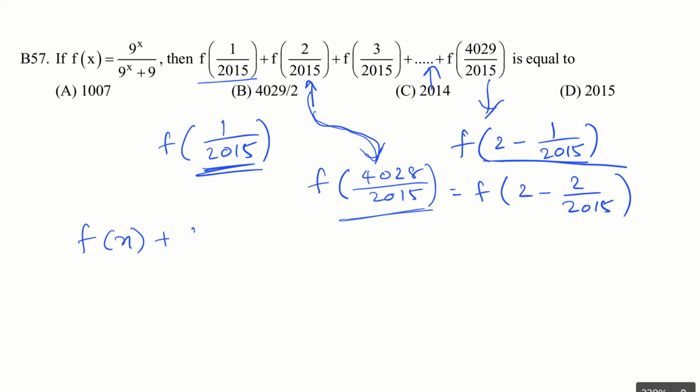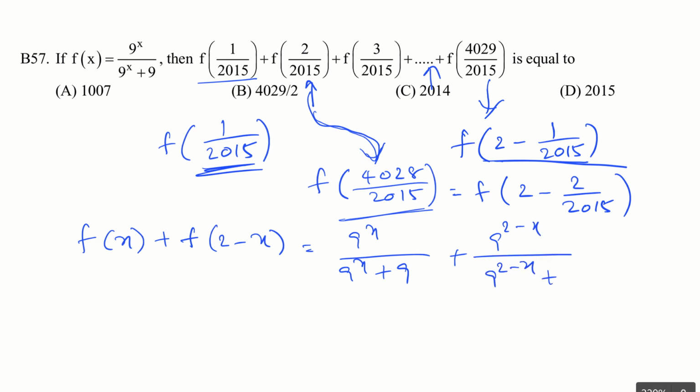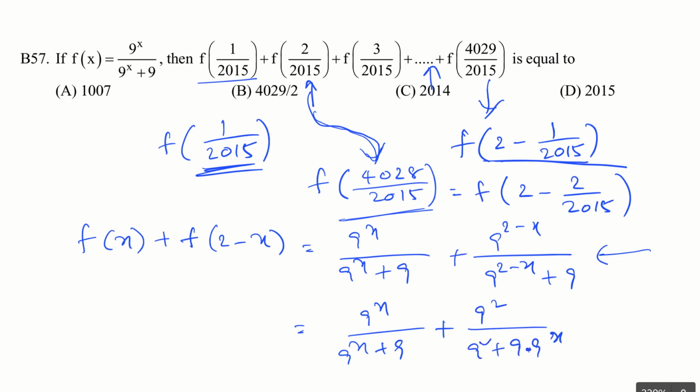Let us for fun see what is f of x plus f of 2 minus x. f of x is 9 power x by 9 power x plus 9, and f of 2 minus x will be 9 power 2 minus x by 9 power 2 minus x plus 9. So here if I multiply numerator and denominator by 9 power x, I'll have 9 power x by 9 power x plus 9 plus 9 square by 9 square plus 9 into 9 power x.